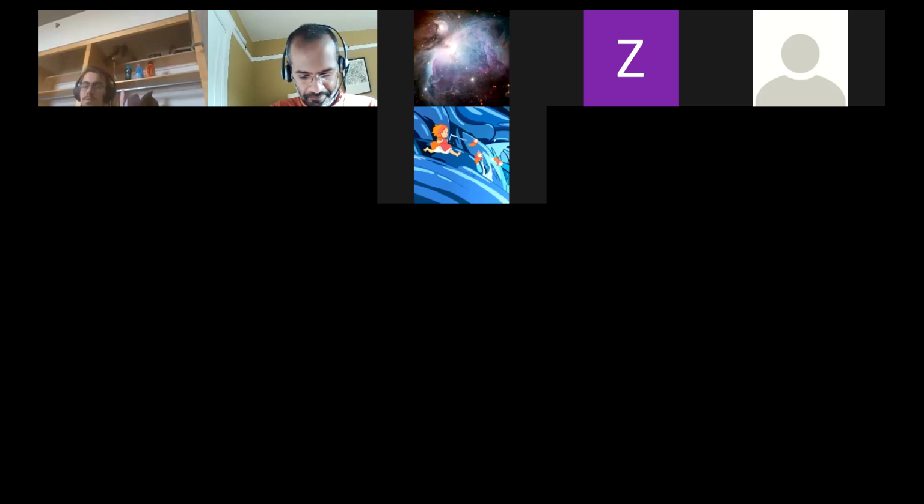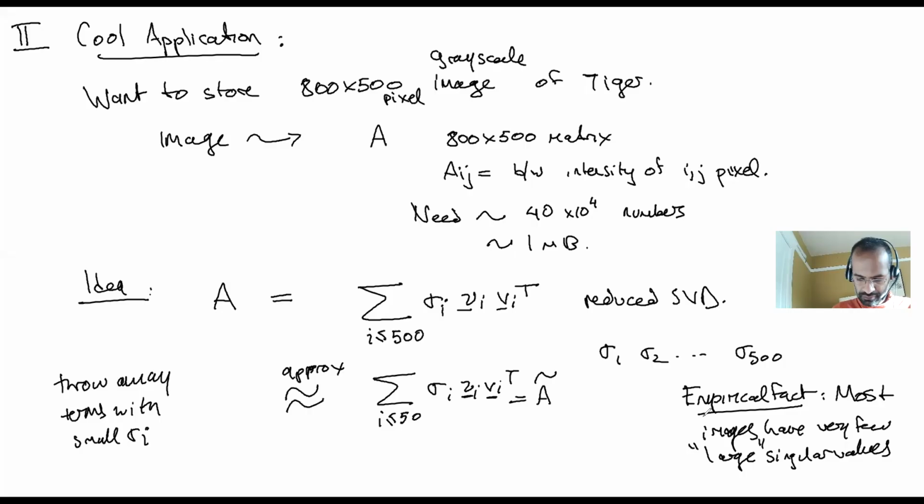And so the punchline is that to store this, you need far fewer numbers, right? So you need 50 times, now you need to store two singular vectors per singular value. So you need 50 times 1,000 numbers, which is much smaller.